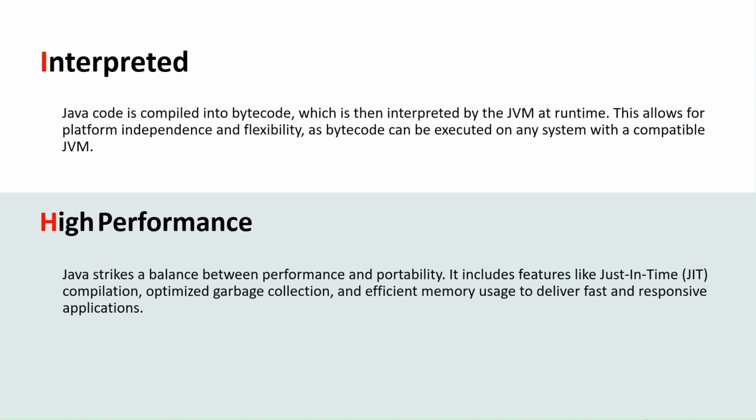This allows for platform independence and flexibility, as bytecode can be executed on any system with a compatible JVM. High performance. Java strikes a balance between performance and portability. It includes features like just-in-time, JIT, compilation, optimized garbage collection, and efficient memory usage to deliver fast and responsive applications.